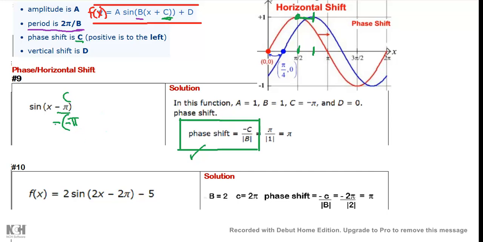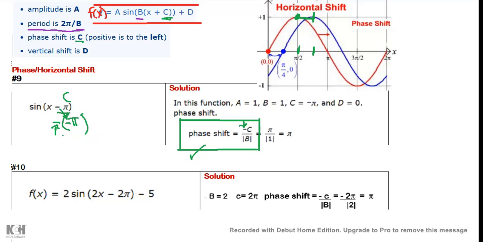So plug that in. But the formula is the negative. So you have to have this negative is this one right there. This negative is this one right there. That's why I use parentheses, because it can get confusing.